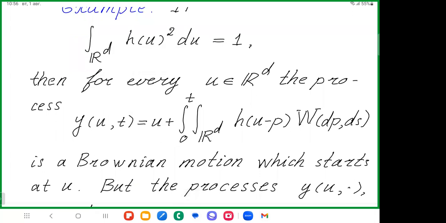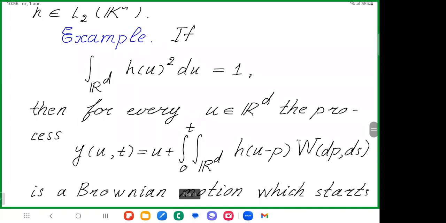And it can be easily proved using the Levy characterization of Brownian motion. It says to us that if we have a continuous martingale with characteristic equal to t, then this martingale is a Brownian motion.